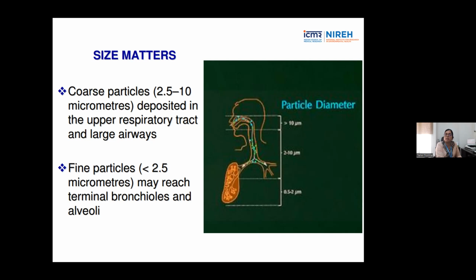Even more problematic, the PM1 fraction has been reported in multiple faraway organs, like the placenta and the human brain. So it can even cross the pulmonary barrier. That is why size matters.